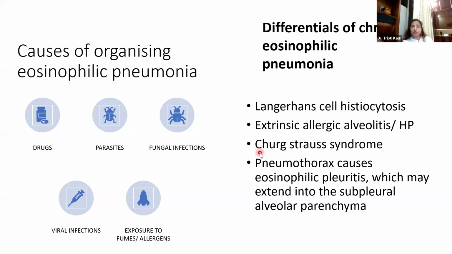And the differentials, as you rightly said: Langerhans cell histiocytosis, hypersensitivity pneumonitis, Churg-Strauss. And a very important point here is that some cases of pneumothorax also cause eosinophilic pleuritis. These eosinophils from the pleuritis can extend into the subpleural alveolar parenchyma and give you that look. So if it's a subpleural biopsy and the patient has pneumothorax, this differential also comes into the picture.